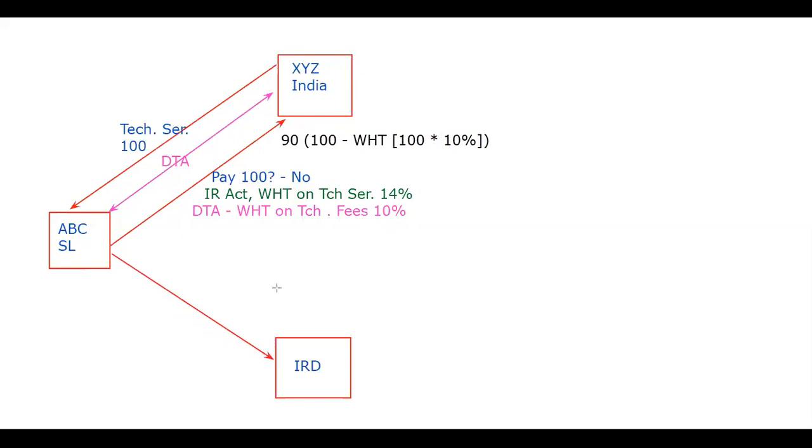They are required to pay that 10 to the Inland Revenue Department. Withholding tax 10%. How is the amount 10 calculated? 100 into 10%. We need to pay to the Inland Revenue Department.